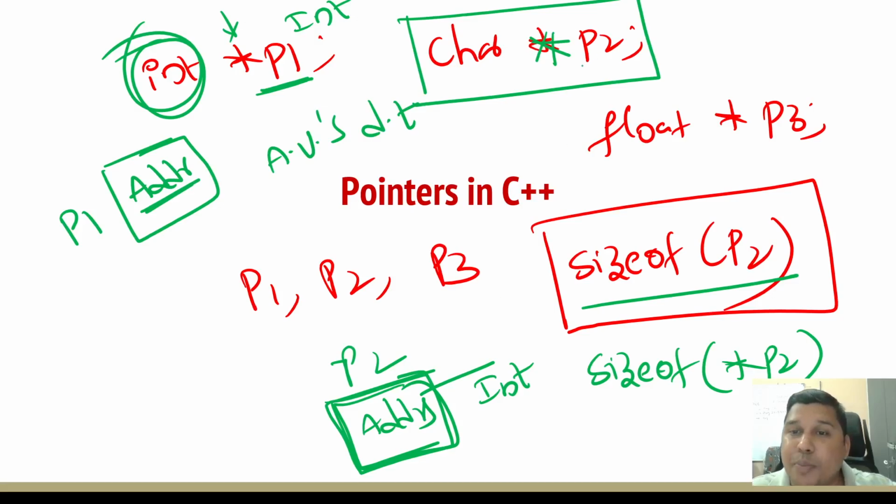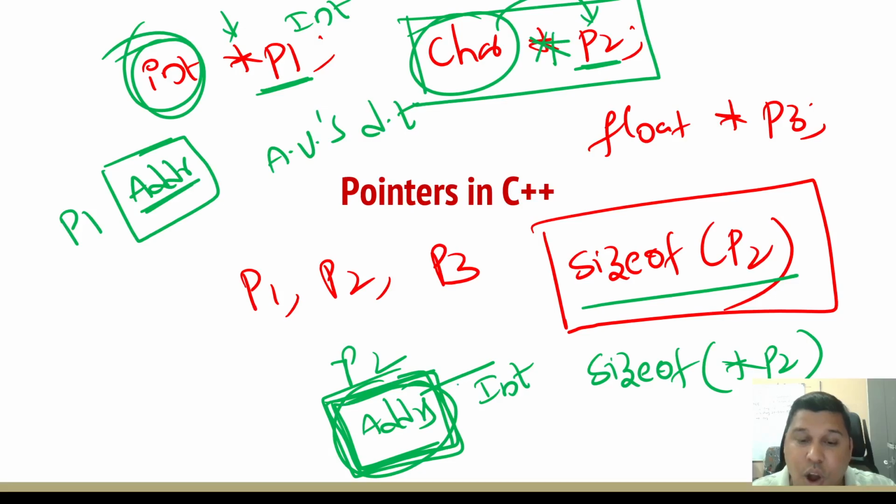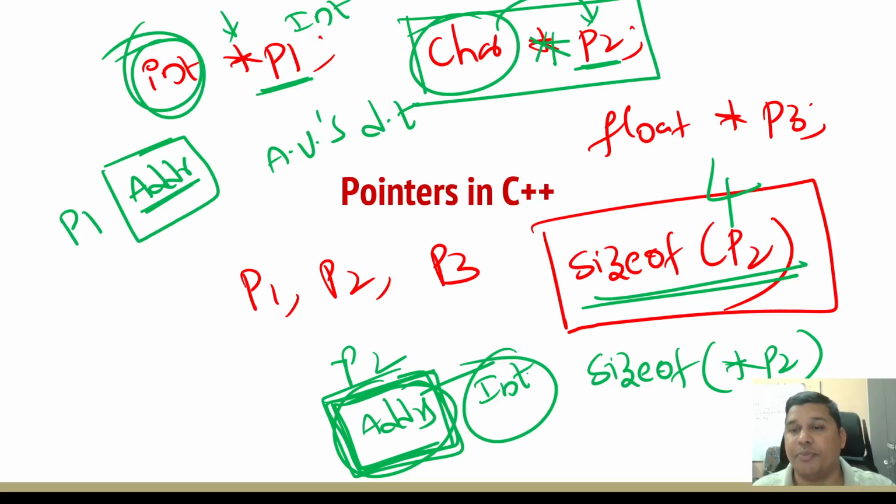So p2 is a pointer variable which stores the address of a character variable. So when you ask what p2 contains, p2 contains an address. So sizeof p2 will give me 4.